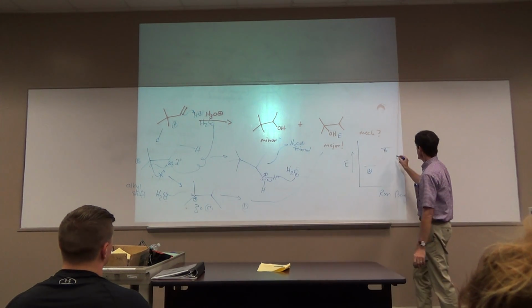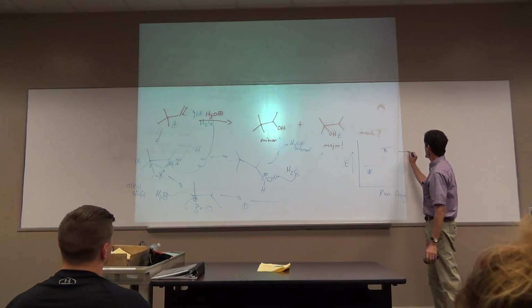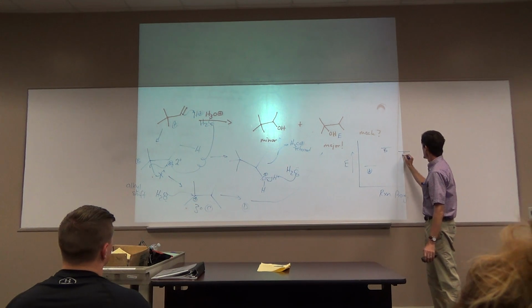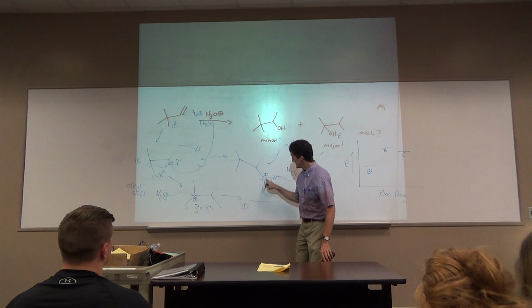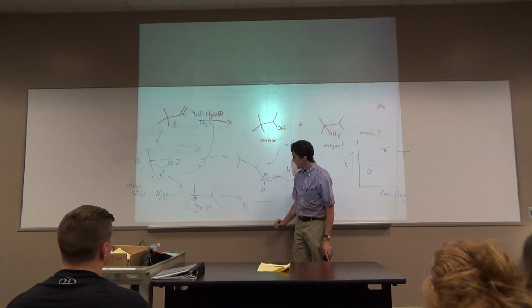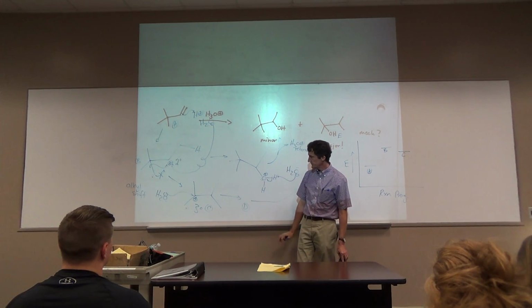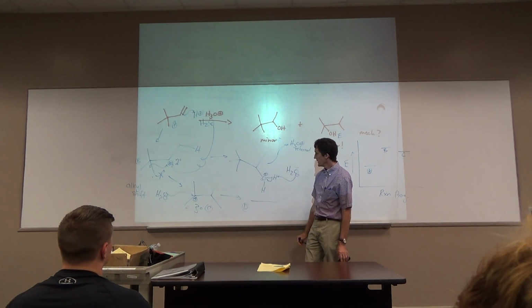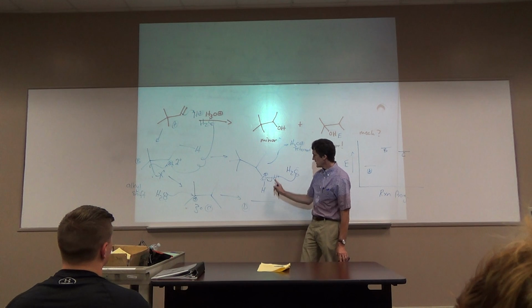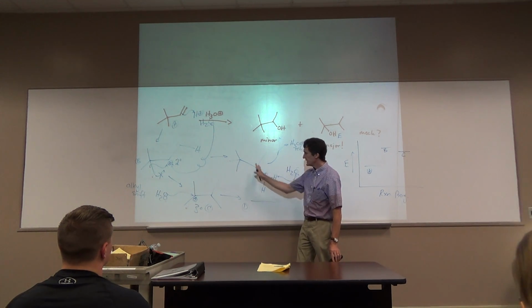But it's still a cation, so I'm going to maybe do it like here. Then what do we get? D. Well, again, D looks like this. It's just the oxygen's bonded here. Where do you think D is compared to the carbocation? Well, it's actually even lower because in such a species, everything has an octet.